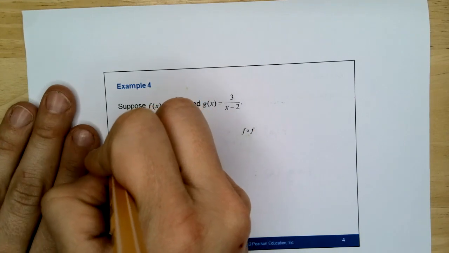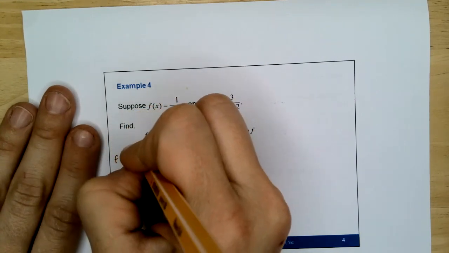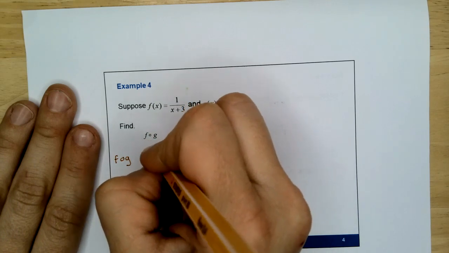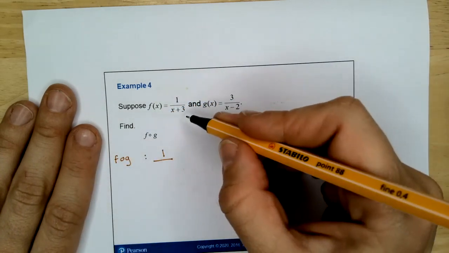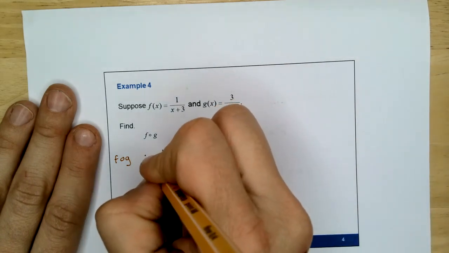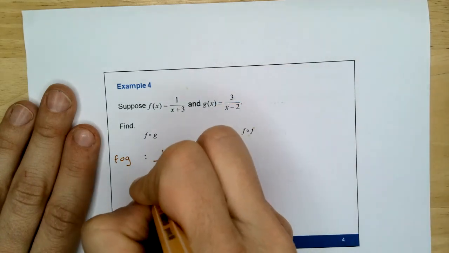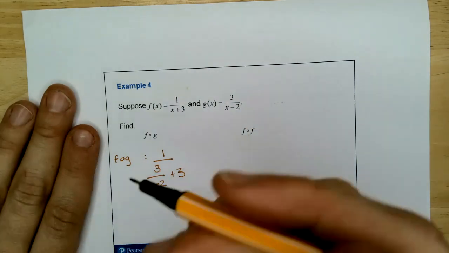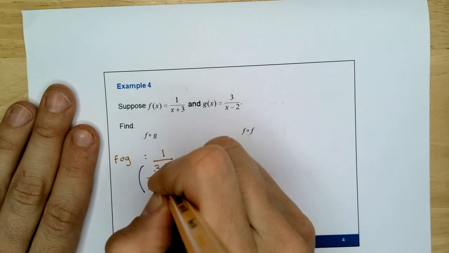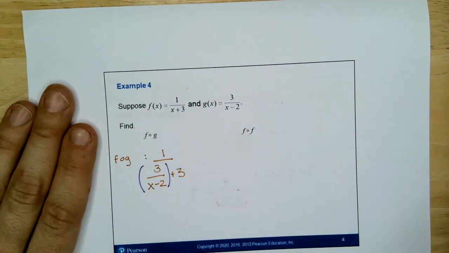f of g, 1 over x plus 3, but I'm going to put the g in for that x. 1 over 3 divided by x minus 2 plus 3, because this was my g, and I substituted it in for that x.